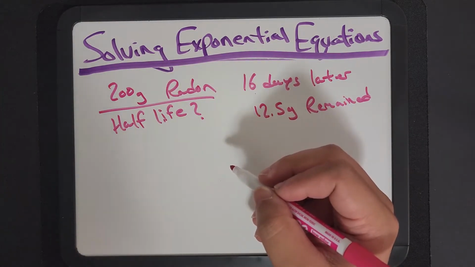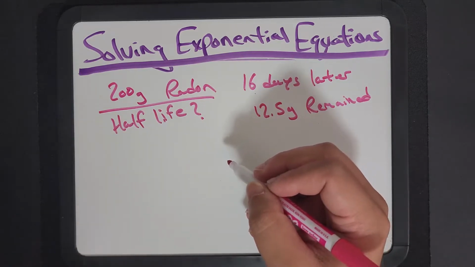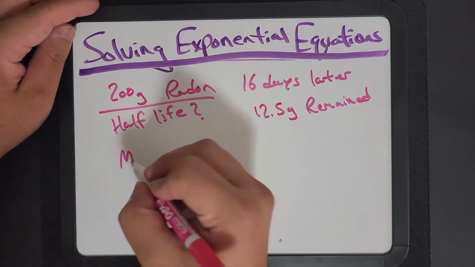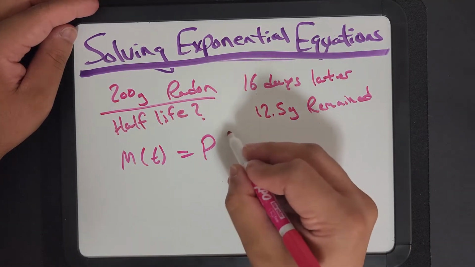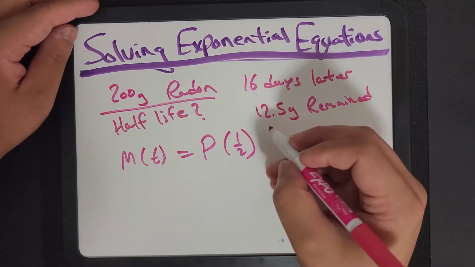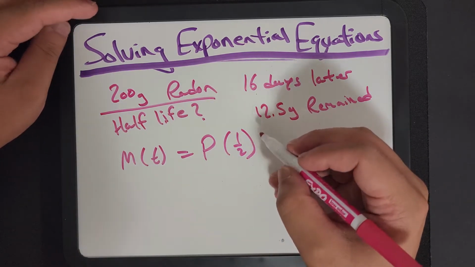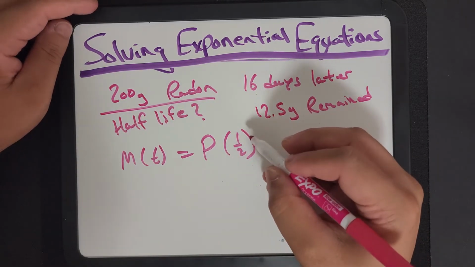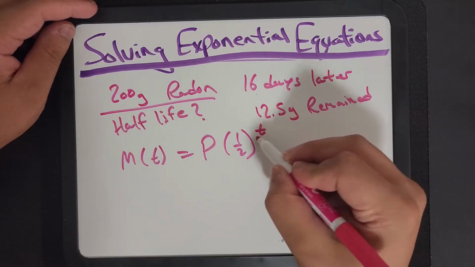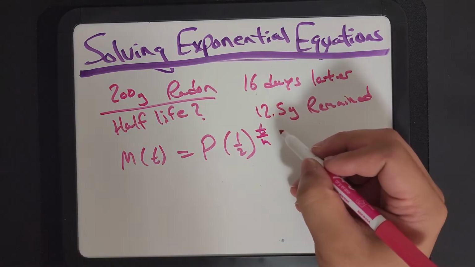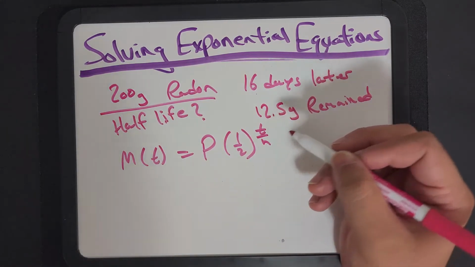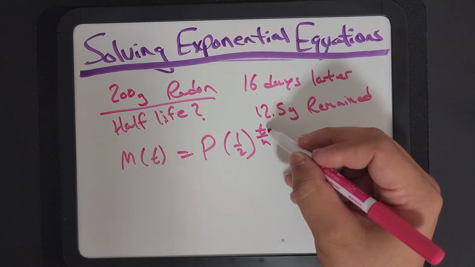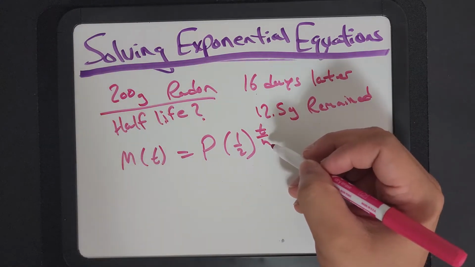Let's calculate that. Well, first let's start writing our half-life formula, which we know is our principal times 1 over 2, which represents half-life, to the power t over h, t being the number of days, the time that has passed, and h being the half-life.